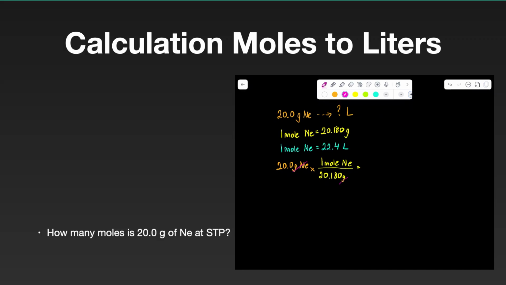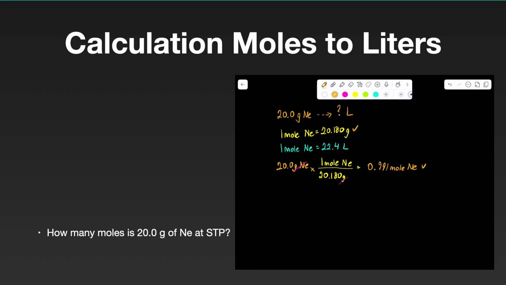And what you can do is grab your calculator, type in 20.0, and divide by 20.180, and see what your calculator gives you. I get 0.991 mole neon. That's step one.